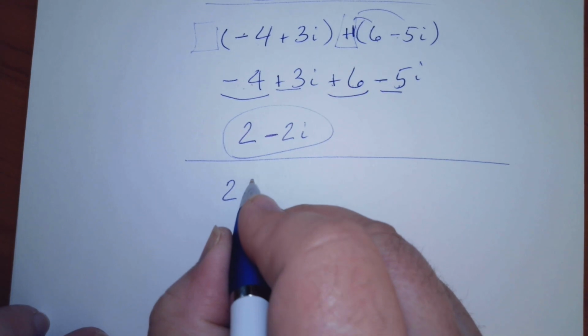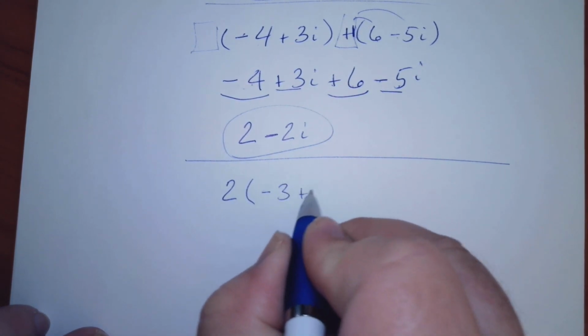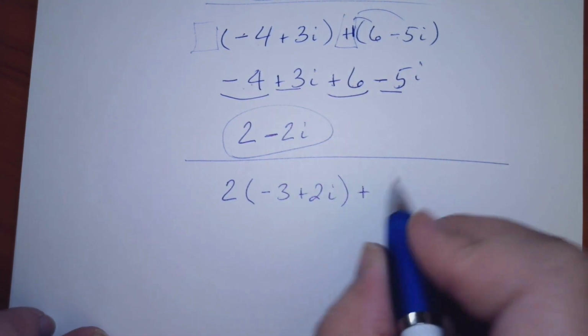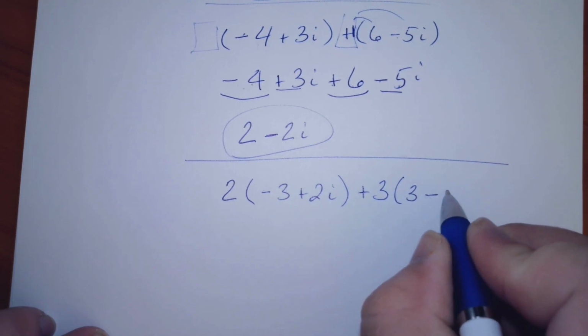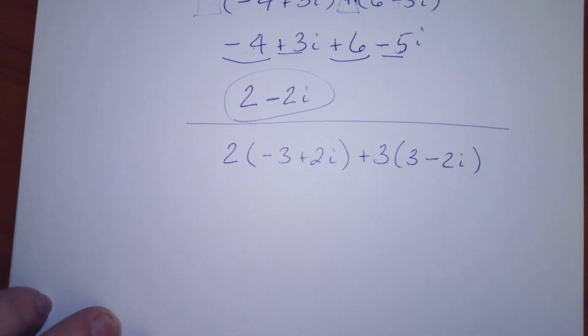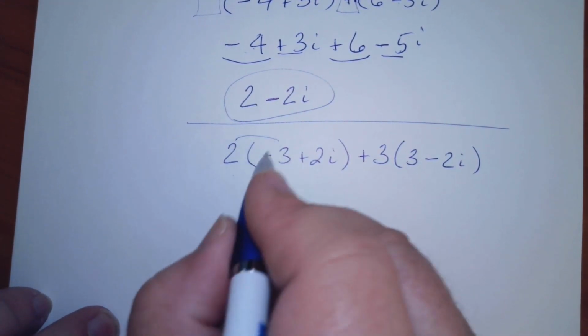Let's say we had coefficients in front. We're still doing the addition operation. So we can't just drop the parentheses because we have coefficients. We have to distribute.